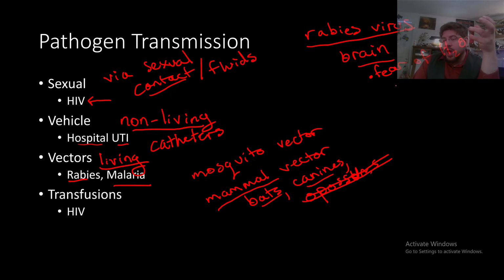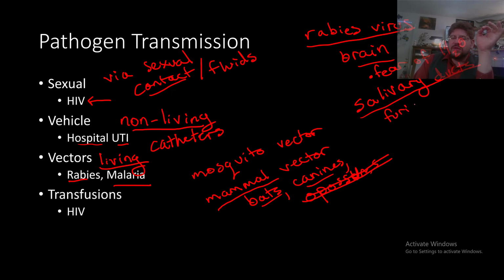They're drinking less water, which means they're starting to salivate more, and eventually the rabies virus migrates from the brain to the salivary ducts, so that it's in the saliva. At this point, this phase of infection is called furious rabies.